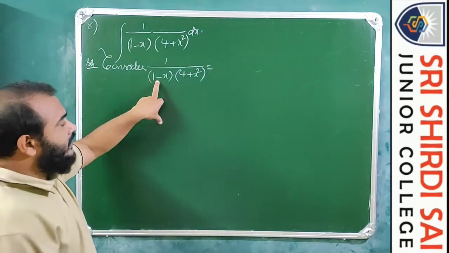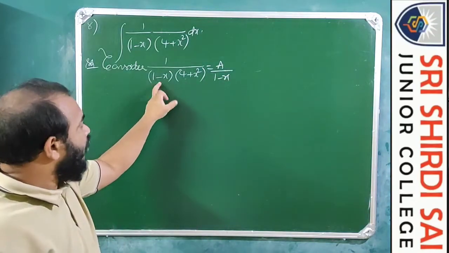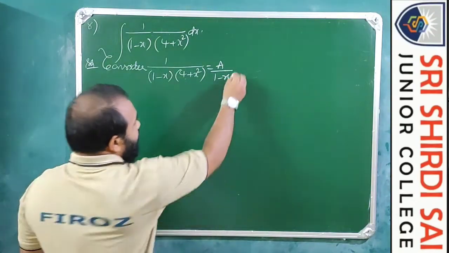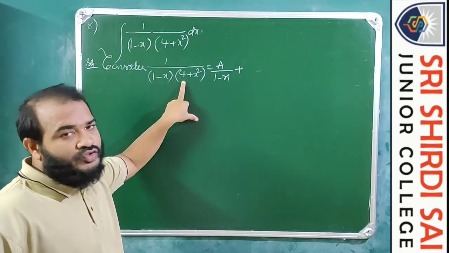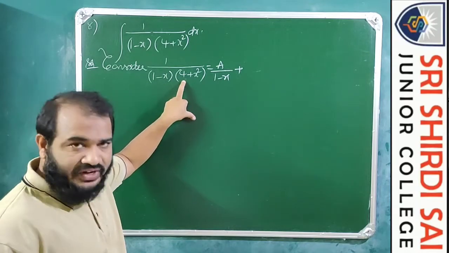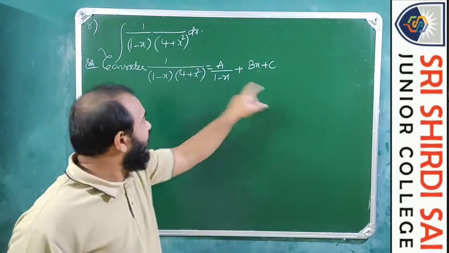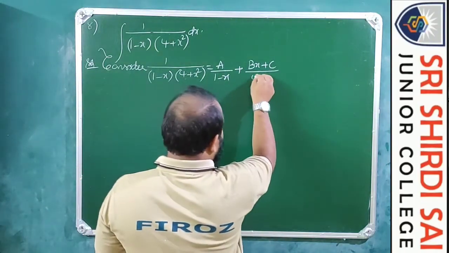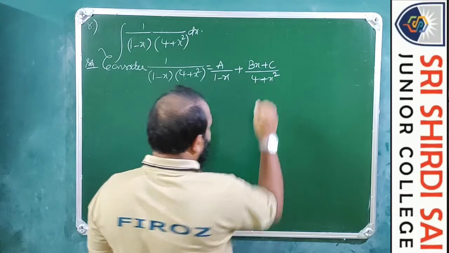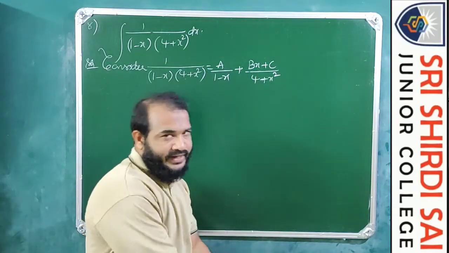So a by 1 minus x, the non-repeated linear factor type 1, plus non-repeated irreducible quadratic factor type 3. So bx plus c, actually ax plus b, since a is already used, bx plus c by 4 plus x square, where the constants a, b, c are to be evaluated.